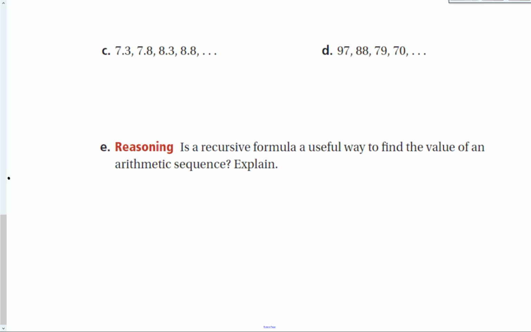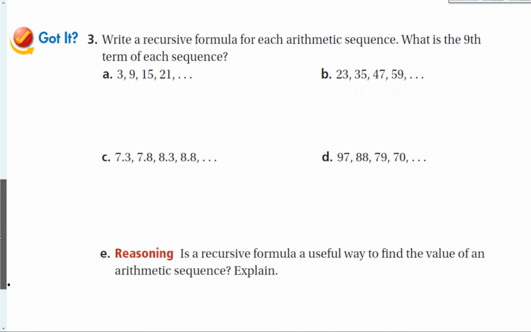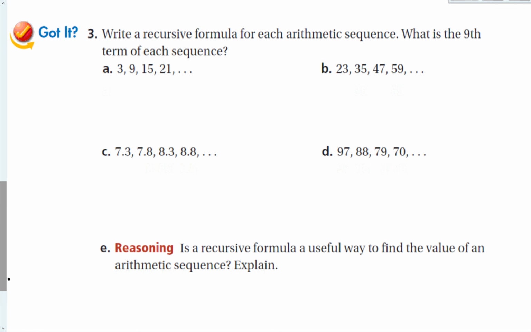Okay. So write a recursive formula for each arithmetic sequence, and what is the ninth term of each sequence. So to do this, we're going to do the same thing we did above. We're going to try to find the common difference. My common difference here is going to be 6, and that works for all of them, which is nice.